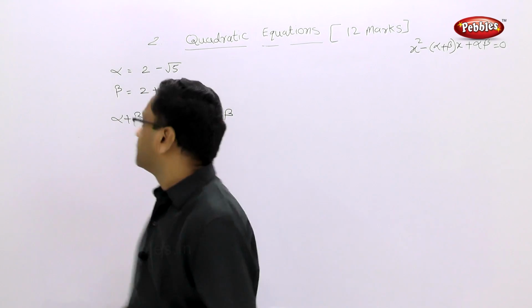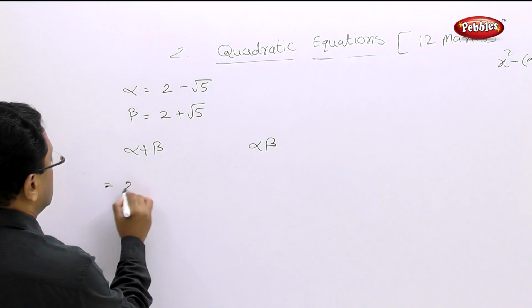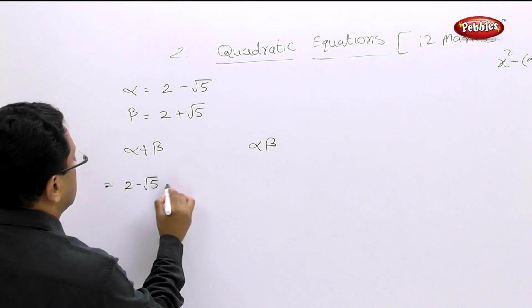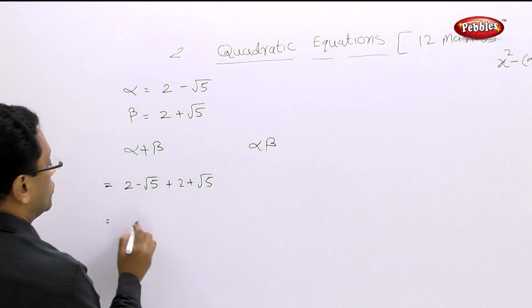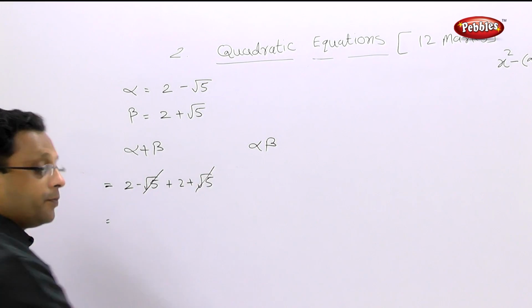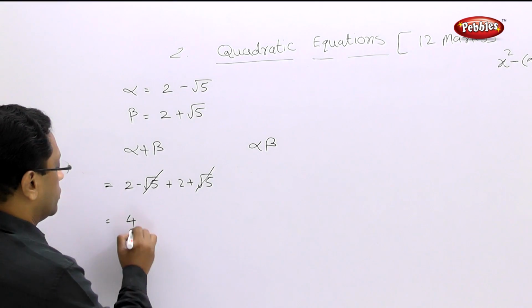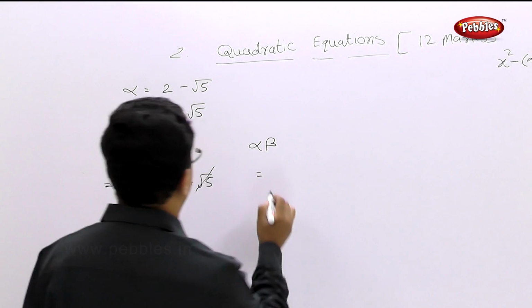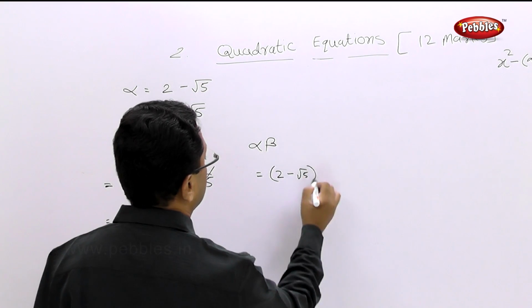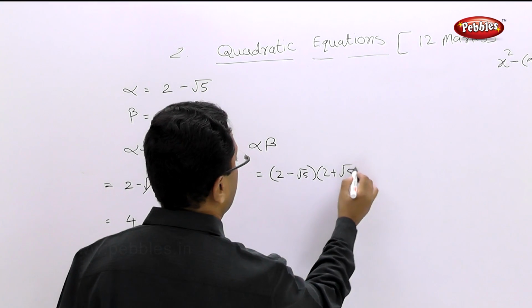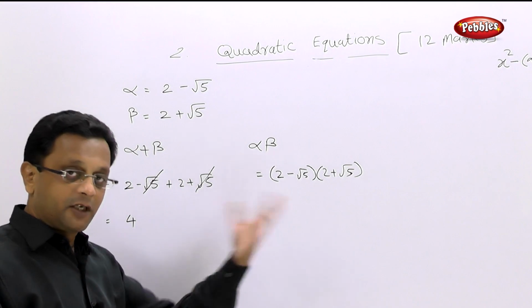Let us solve this. Alpha plus beta is equal to 2 minus root 5 plus 2 plus root 5. Plus root 5 minus root 5 get cancelled. You have 4. And alpha beta we have (2 minus root 5)(2 plus root 5). Is it not like (a minus b)(a plus b)? So a square minus b square.